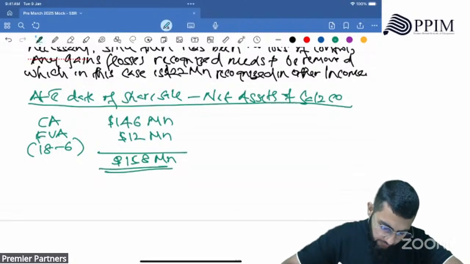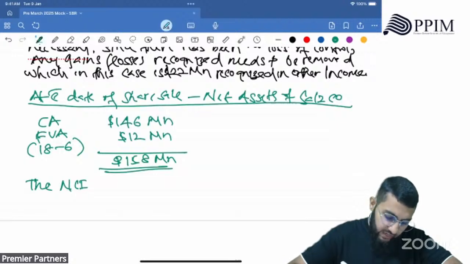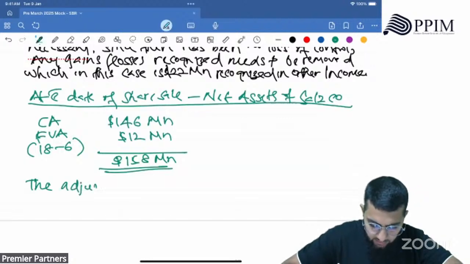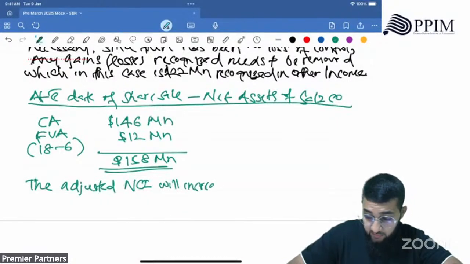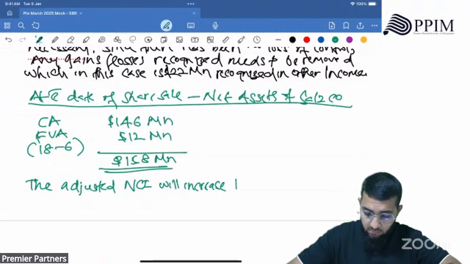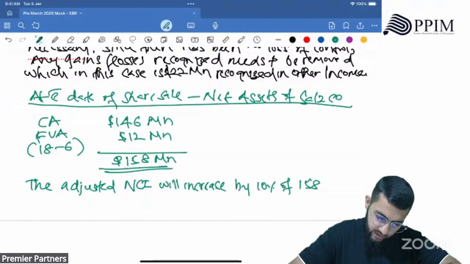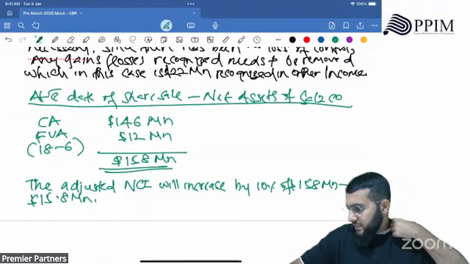Now the recalculated, adjusted NCI will increase by 10% of 158 million, which is 15.8 million. That's the NCI increase.